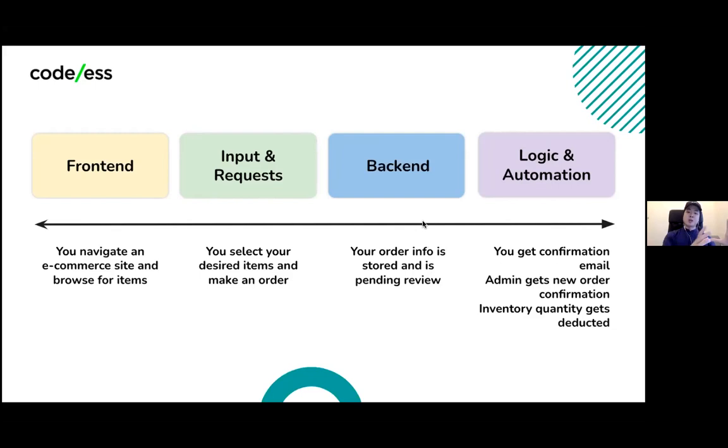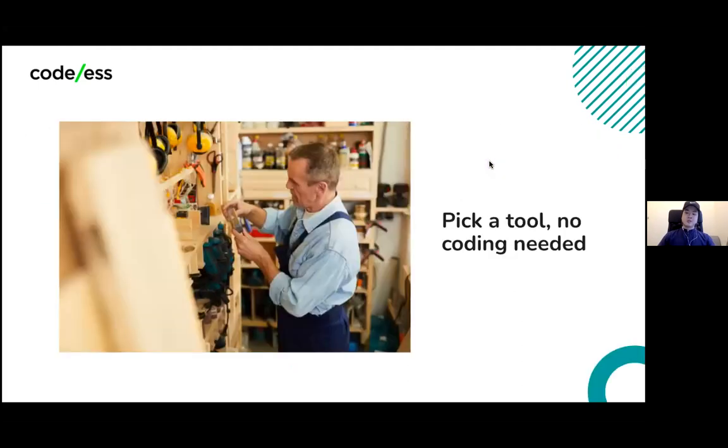So the best part, once you have understood these components of an application, the good news is that every part of this can actually be replaced and built by a no-code tool, right? Take, for example, you're in a workshop right now, picking tools that will do the job.